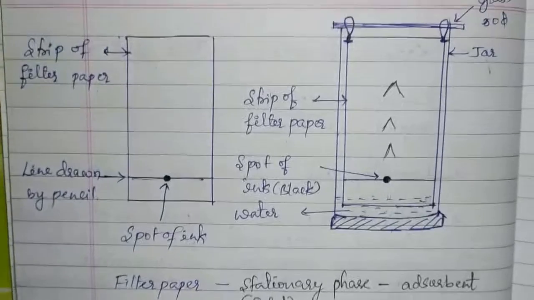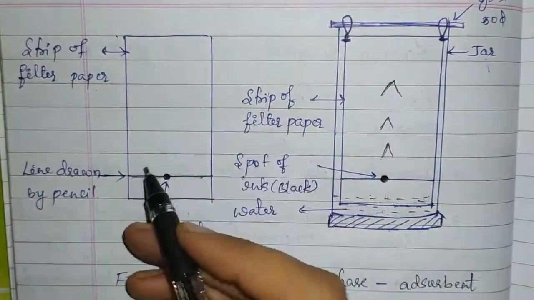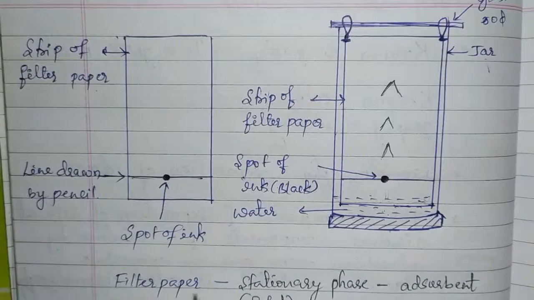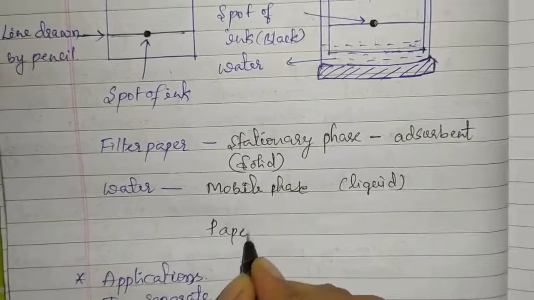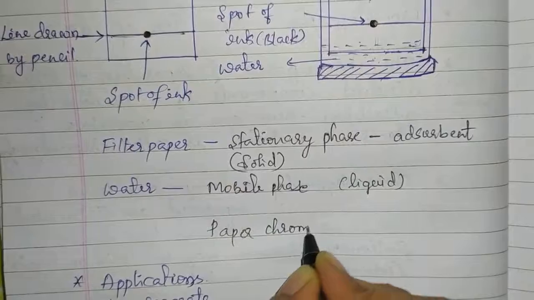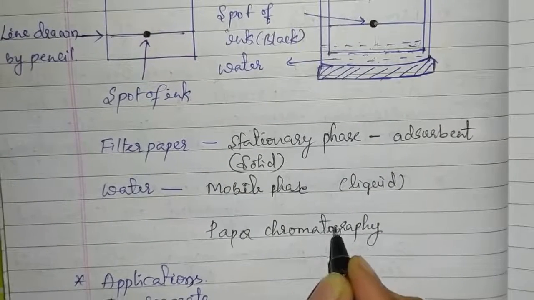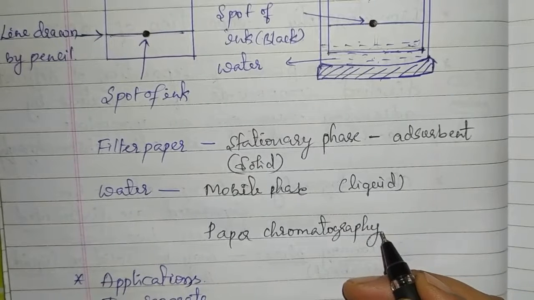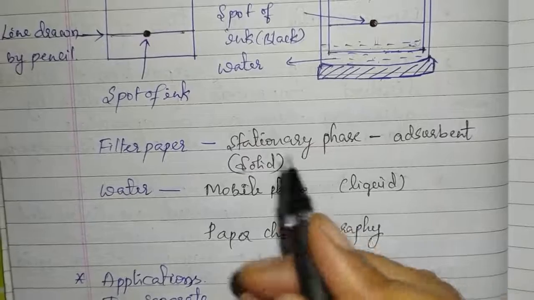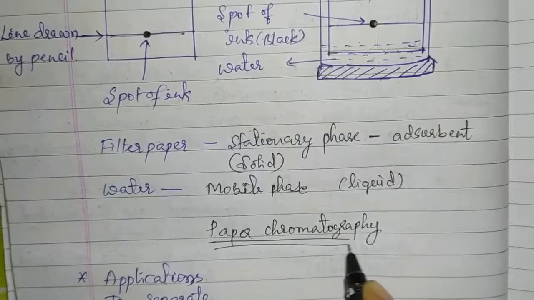See children, here we are using paper, so this kind of chromatography is said to be paper chromatography. Here we are using paper to separate the components of a mixture.